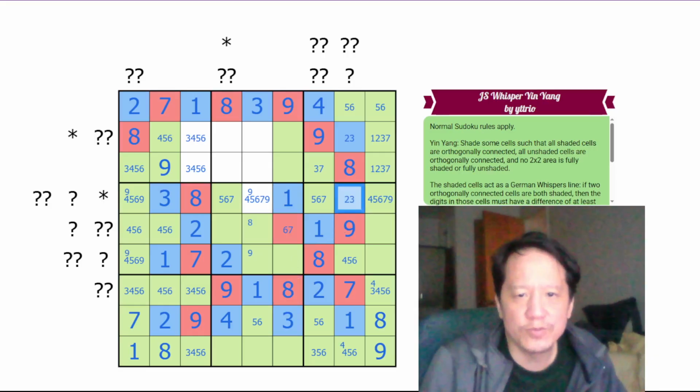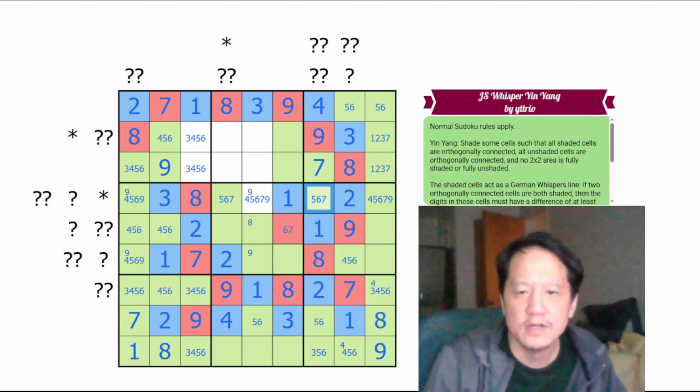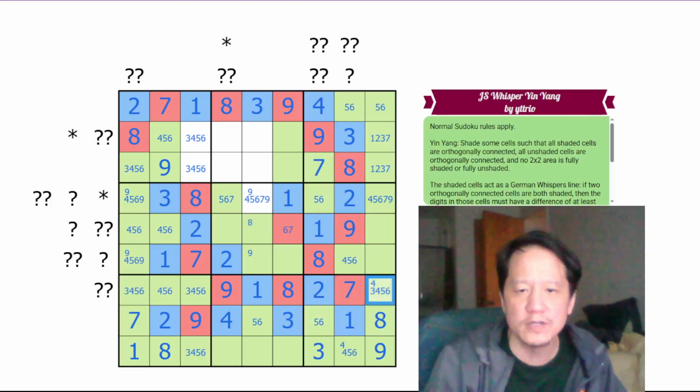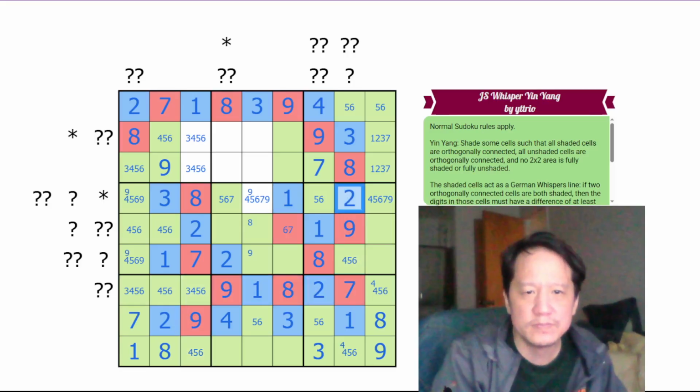This can't be 3, it's 2, which forces this to be 3 there, which makes that a 7. This cannot be 7 here. It's a 5, 6 pair in column 7, so this can't be 5 or 6. It's 3. That eliminates 3 here, and 3 here. This 7 eliminates 7 here, and 3 here, so this is 1, 2 as a pair.